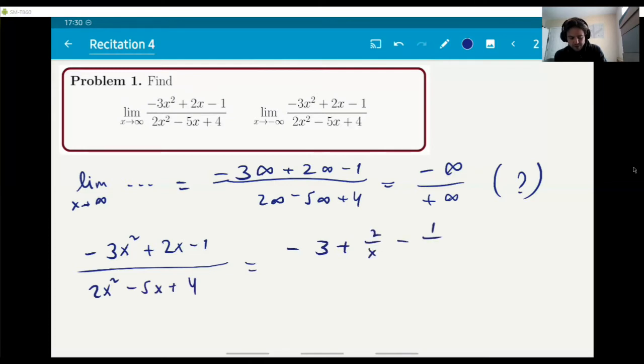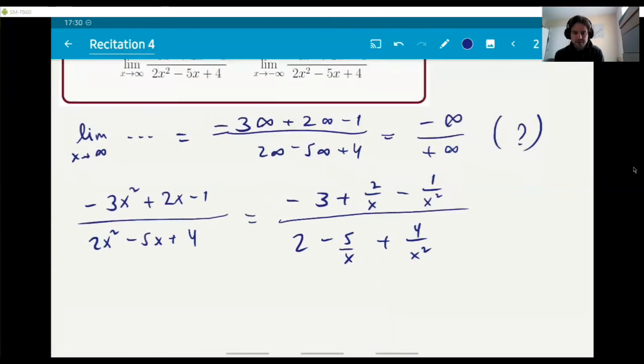For example, x divided by x squared gives you 1 over x. And now, as you take x either to plus or minus infinity, it doesn't matter. All the terms that have a number over x actually go to 0.